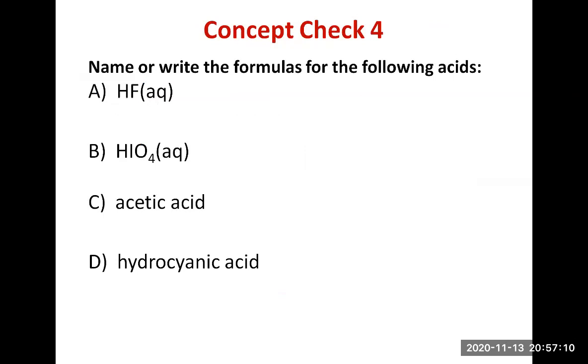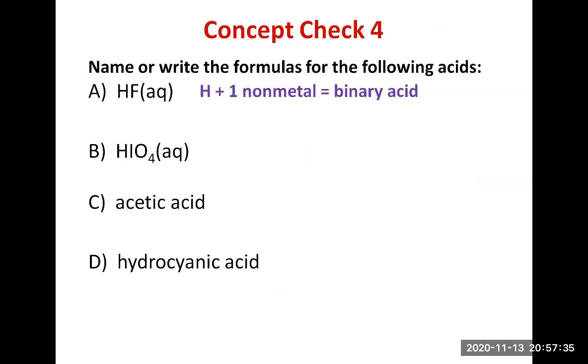Let's go through a concept check and name or write the formulas for the following acids. First we have HF, aqueous. HF is only made of hydrogen and fluorine, right? That tells you it's a binary acid because it's made of just hydrogen and one nonmetal, which is not oxygen.